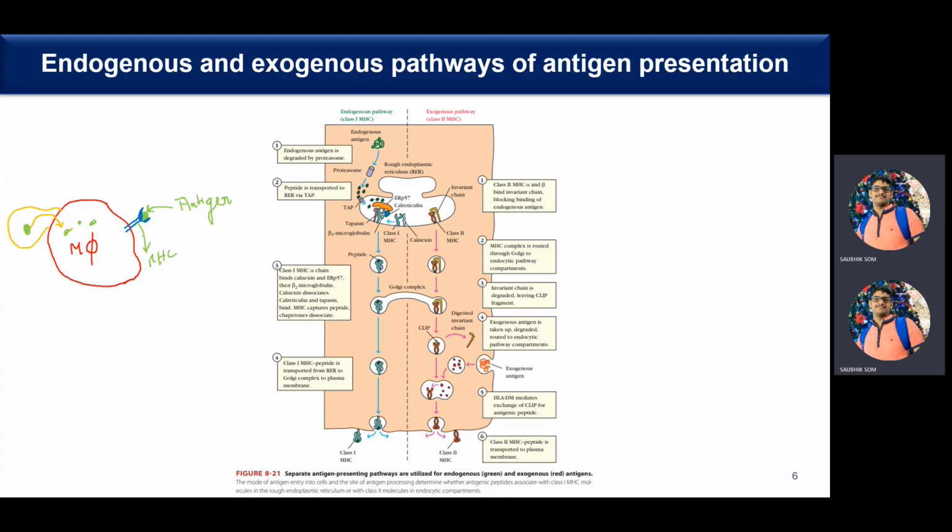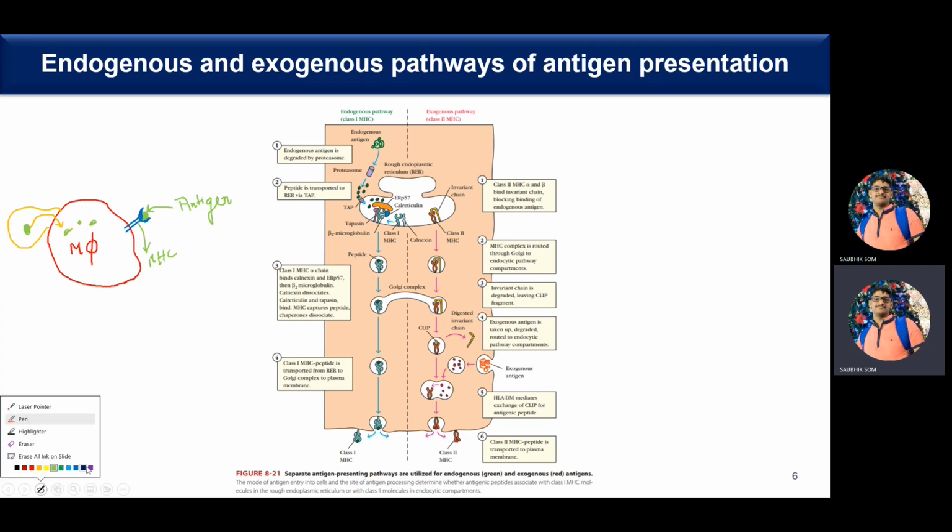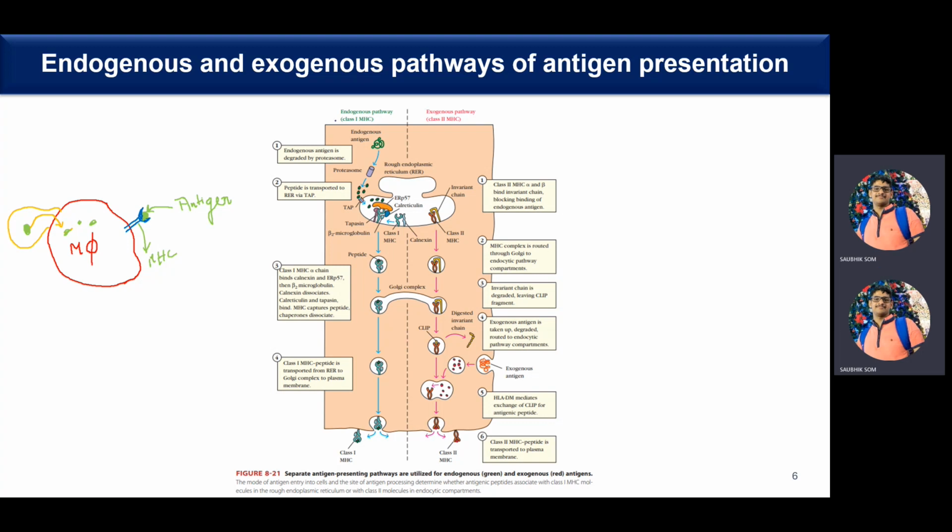There are two classes of major histocompatibility complex. They are defined structurally as well as functionally. I'm not going into structure, I'm just coming to the function. There is class 1 MHC, or type 1 MHC, and there is class 2 MHC.